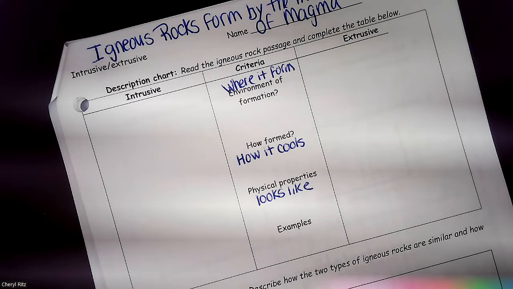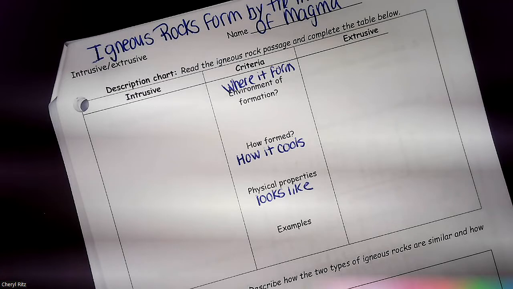All right, let's start with intrusive then, people on this side of the room. What is the environment of formation, meaning where do intrusive igneous rocks form? Magma rocks. No, that doesn't say where. Here's a really good teaching moment.